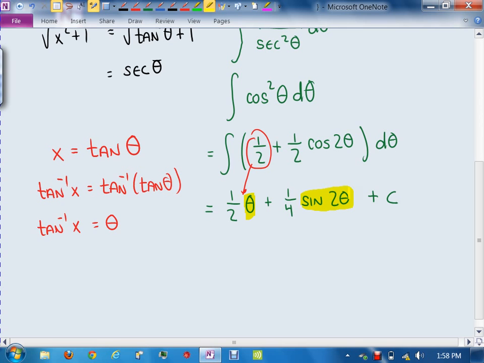It's not sine theta, it's sine 2 theta. So the only way we're going to be able to recover this is to use the double angle identity for sine and turn that into 2 sine theta cosine theta. Isn't that what sine 2 theta is? From pre-cal, it's one of our identities. Sine 2 theta is 2 sine theta cosine theta.